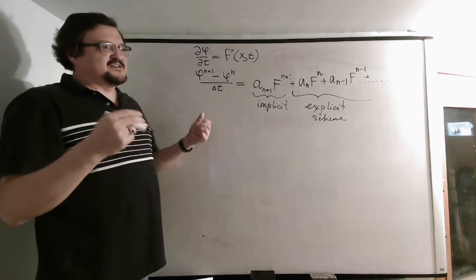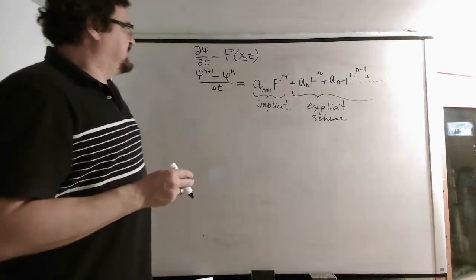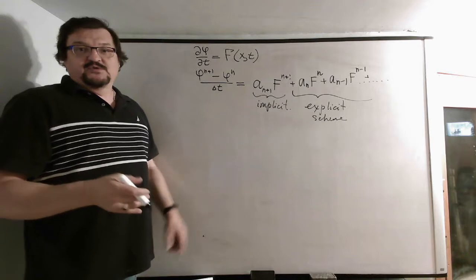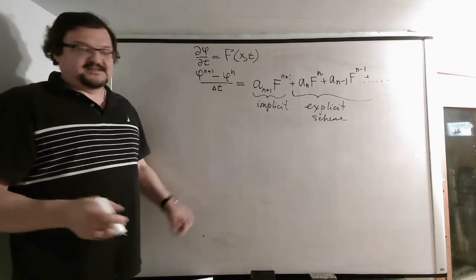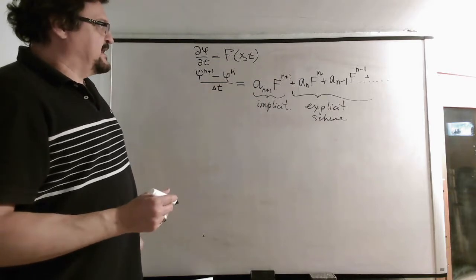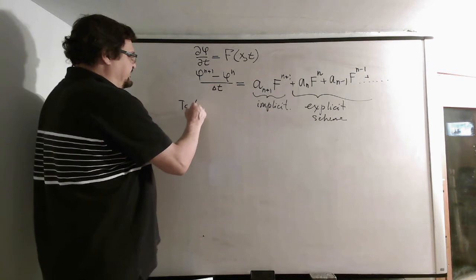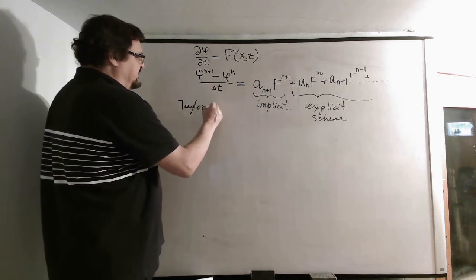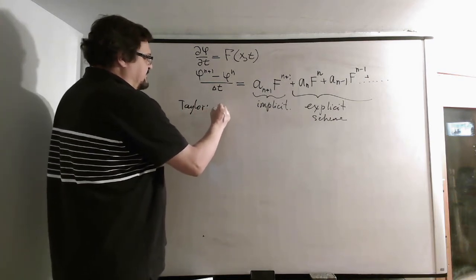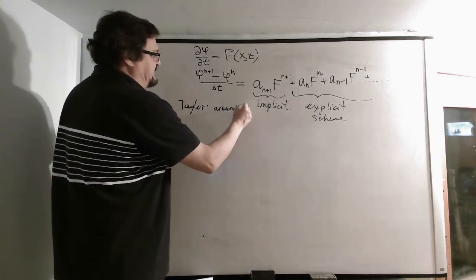So let's find in general how you approach it, how you find these coefficients. For that, of course, we use our favorite method, which is the Taylor series. So let's write the left-hand side, applying Taylor's expansion around time step n.